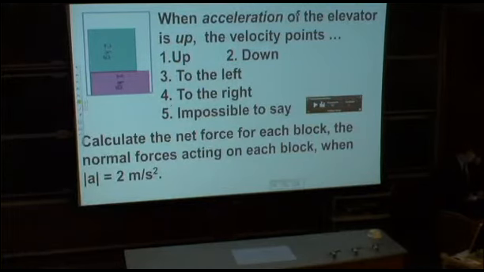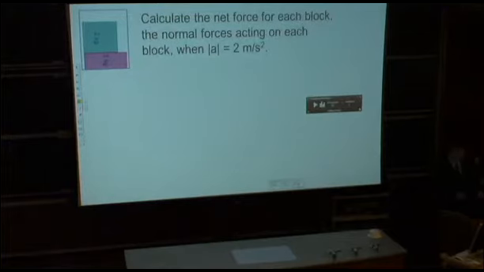So what we have here is a system, and we can solve several problems in one. The magnitude of the acceleration is given. If the acceleration points up, that's case number one. Or if the acceleration points down, that's case number two.